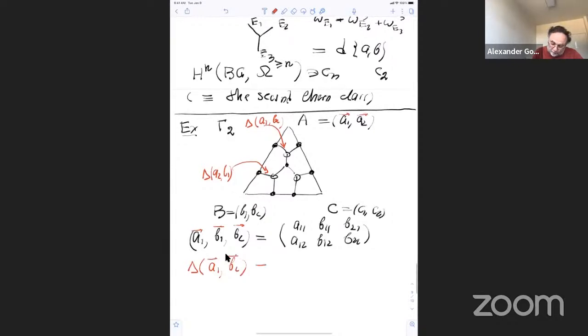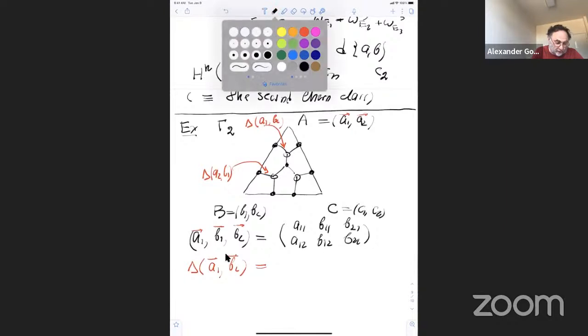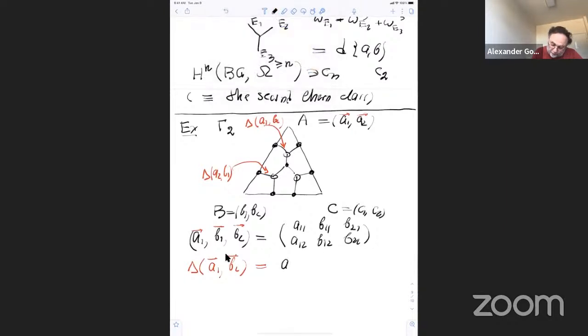This is just, by definition, the following. So it's A11 minus A12, B12 inverse, A11. Yes, I hope I'm not making a mistake.